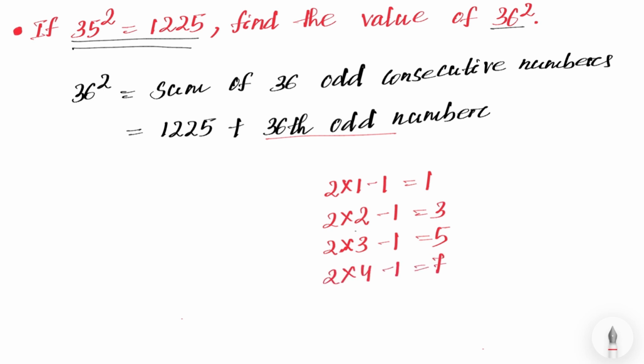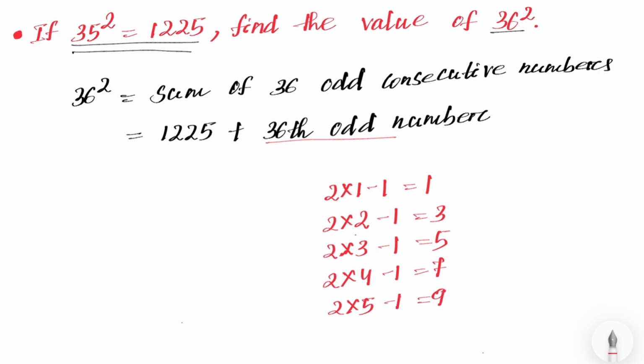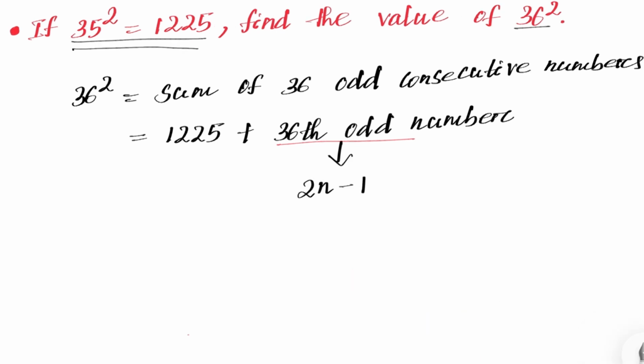Fifth odd number can be written as 2 into 5 minus 1. From this we can conclude the nth odd number will be 2 into n minus 1, which is 2n minus 1. So the 36th odd number is 2 into 36 minus 1, which equals 72 minus 1, and it equals 71.